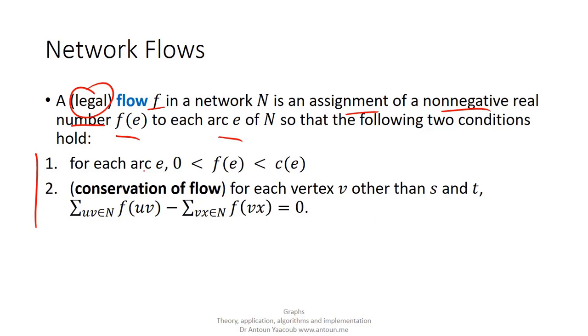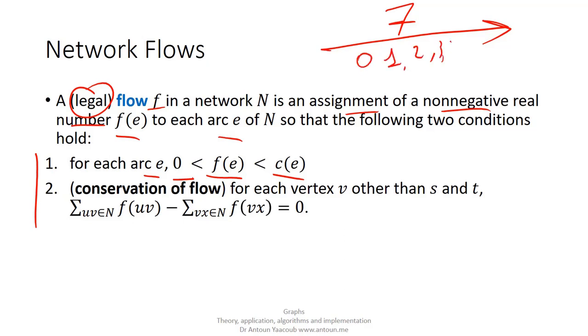For each arc, the flow is greater than or equal to 0 and less than or equal to the capacity. For example, if I have an arc on which I can send at most 7, I can send 0, 1, 2, 3, 4, 5, 6, or 7. We can even have equality, so the maximum is 7 and I can send nothing. This is the first condition.